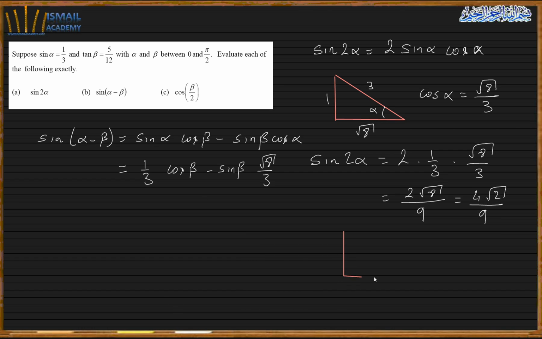So here I'm going to use the triangle again. This is my beta. We know the tangent of beta is the opposite over adjacent. So the opposite is 5, the adjacent is 12.